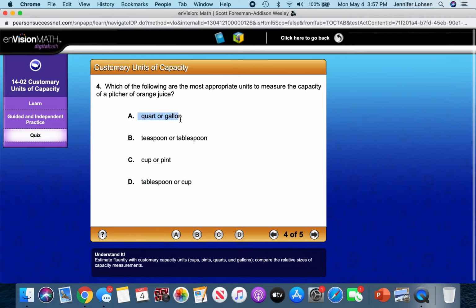I would be stuck between A and C. Now, if I want to think about the most reasonable or logical answer here, it's going to be A. And my reasoning for that is because some pitchers are really, really large. Like you can have a multi-gallon pitcher. And if we have a pitcher that is maybe worth 2 gallons in capacity, cups or pints would be way too small of units to measure it. So we're going to go with A for this one.